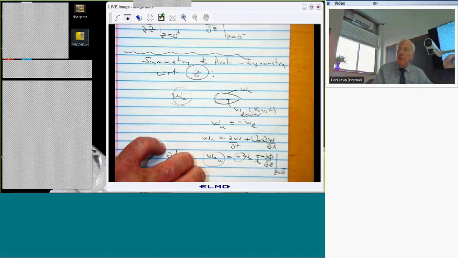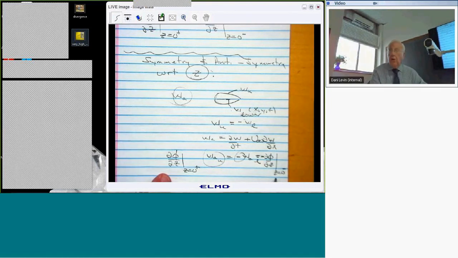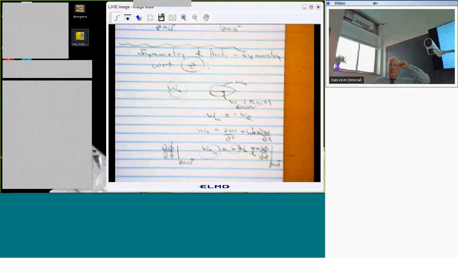So what I've shown is that on the wing, d phi/dz at 0 plus is equal to minus d phi/dz at 0 minus. Are you with me?